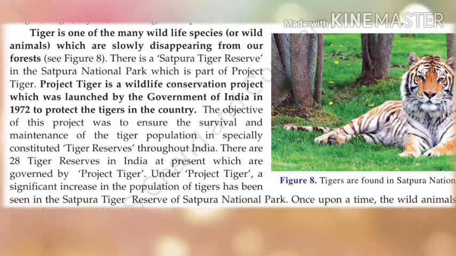Understand? There are 28 tiger reserves in India at present, which are governed by Project Tiger. Under Project Tiger, a significant increase in the population of the tigers has been seen in the Satpura Tiger Reserves of Satpura National Park.